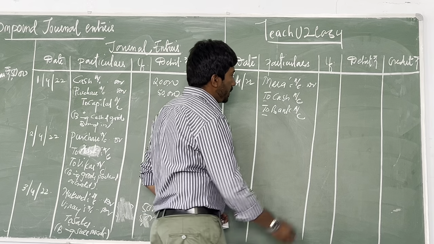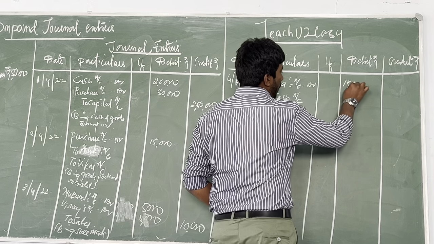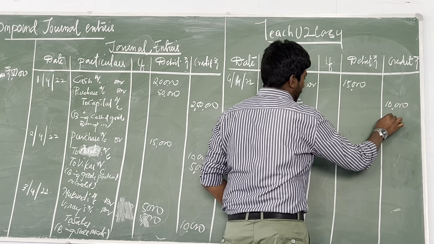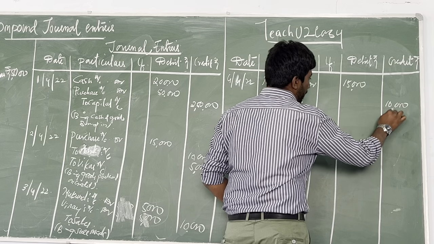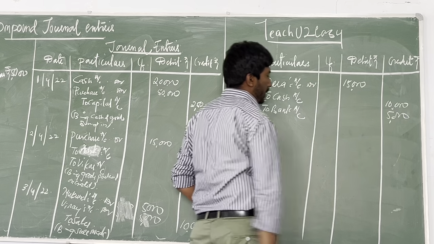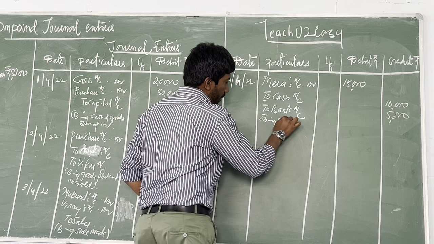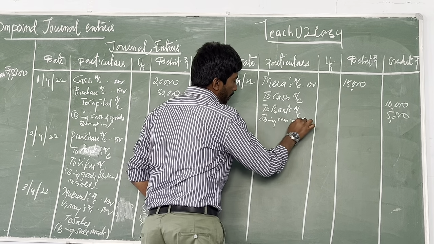The total amount is 15,000 that Meera is receiving; cash she is receiving is 10,000 and bank she is receiving is 5,000. So being commission paid to Meera.